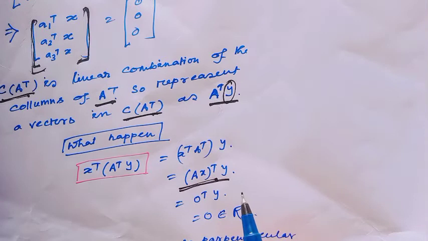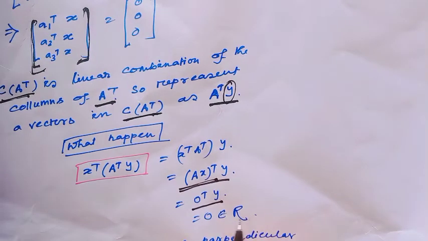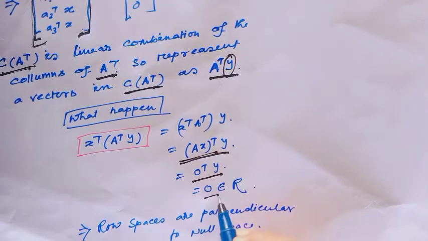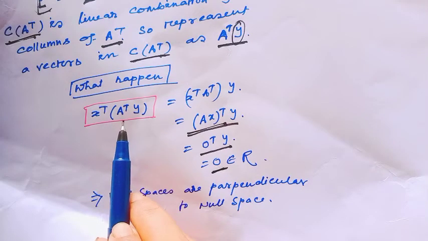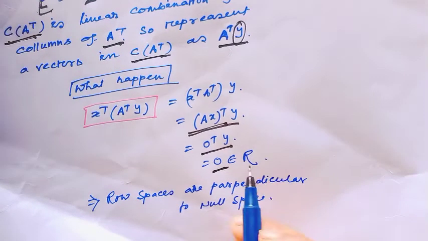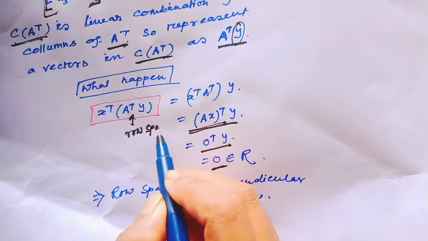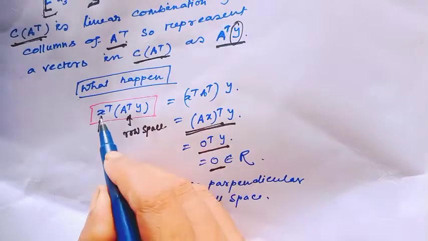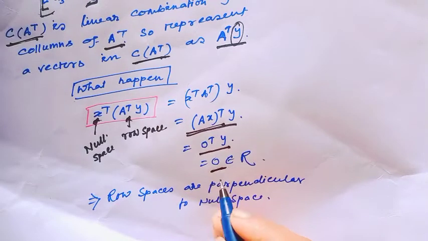Since x belongs to the null space of A, Ax transpose is obviously 0. That means this is equal to 0 transpose y, and 0 transpose y equals 0. That means x transpose with the vector A transpose y, which is in the row space, where x is in the null space, is equal to 0.